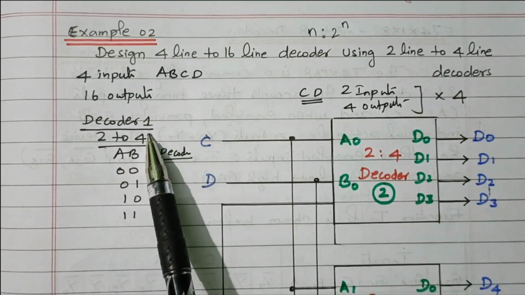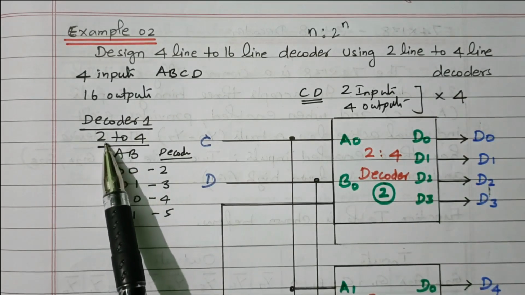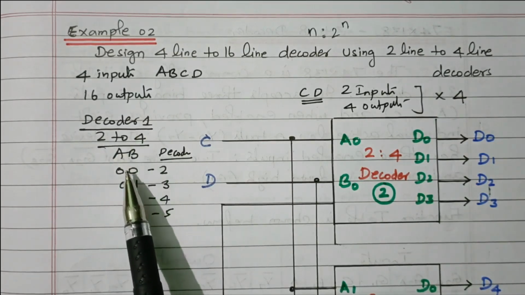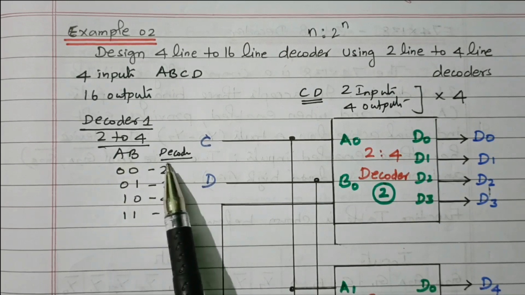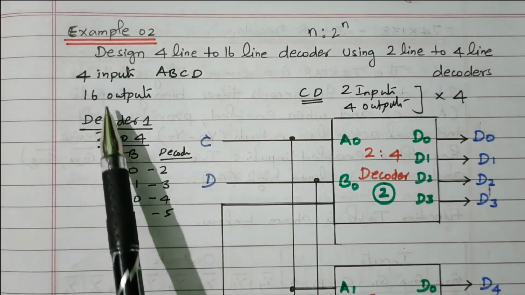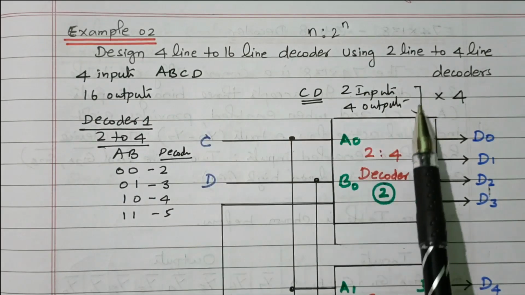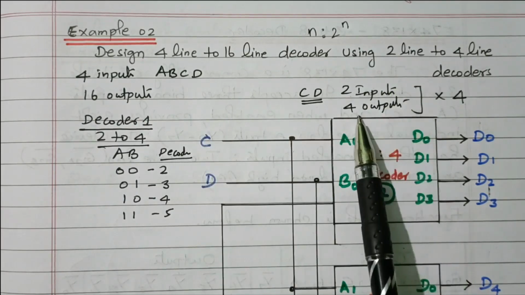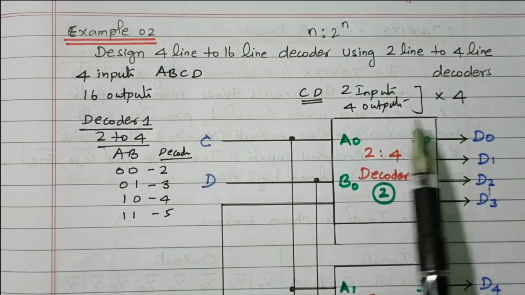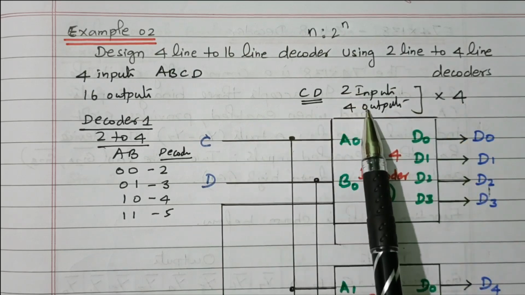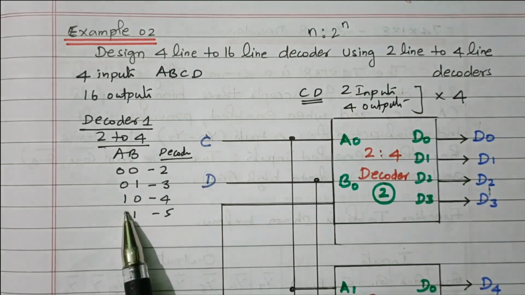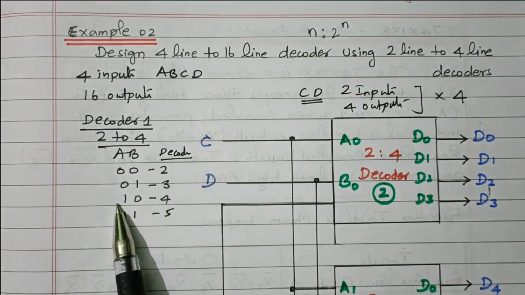That is decoder 1, which is also a 2 to 4 decoder, and in that A and B are given as input. So C and D go to the 4 decoders to produce 4 into 4, 16 outputs, and to control these 4 decoders we use one more 2 to 4 decoder.